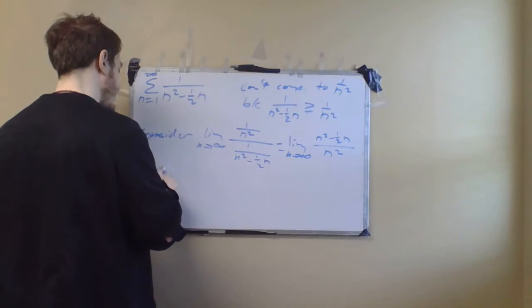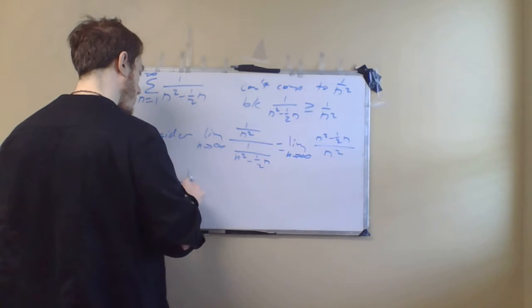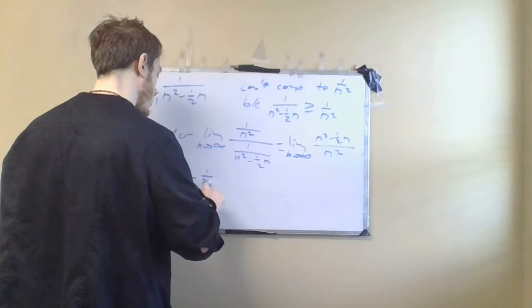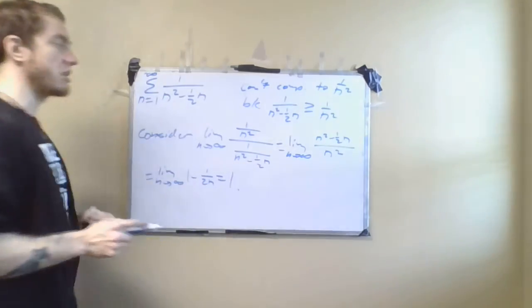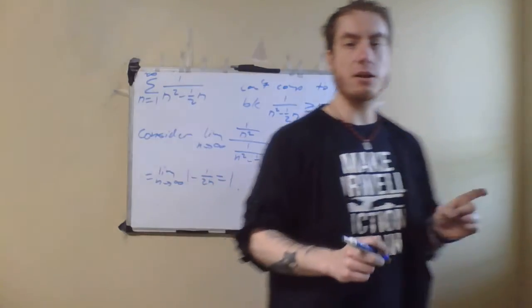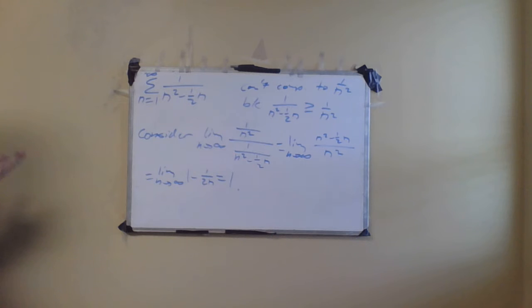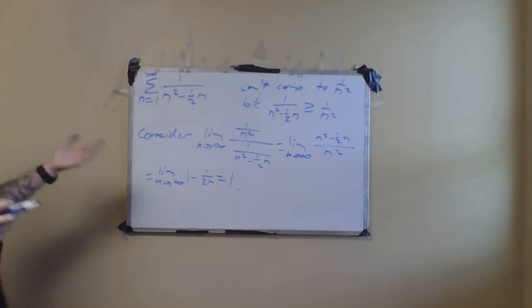And this is going to be the limit as n approaches infinity of 1 minus 1 over 2n, which is equal to 1. This is a finite number that is neither 0 nor infinite. It's finite and it's not 0. So therefore, this works out.